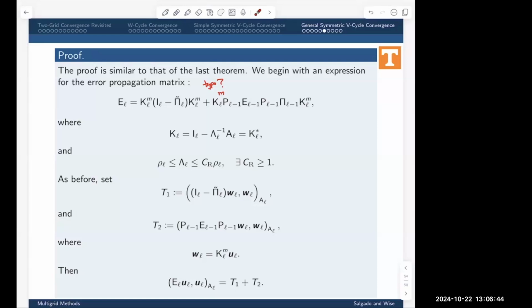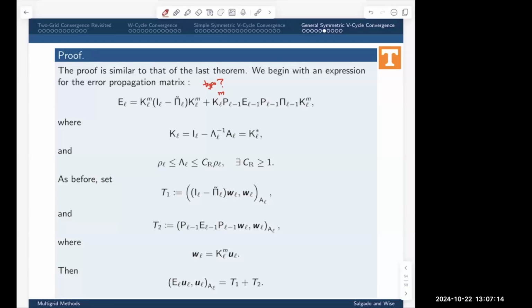Is there an extra P_{L-1} in the second term? This one here. Let's see. I think I might have a typo on that one as well. It's either an extra one or I'm missing a transpose on that.